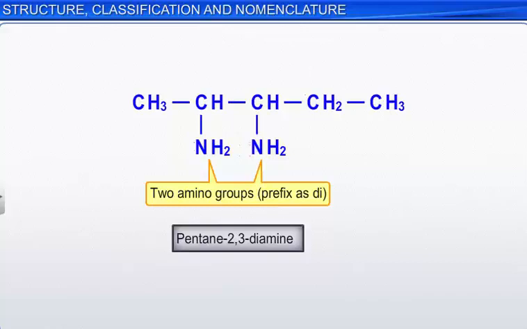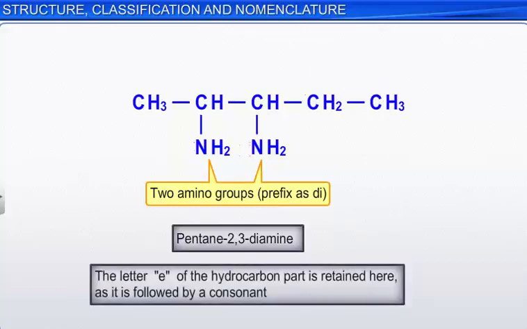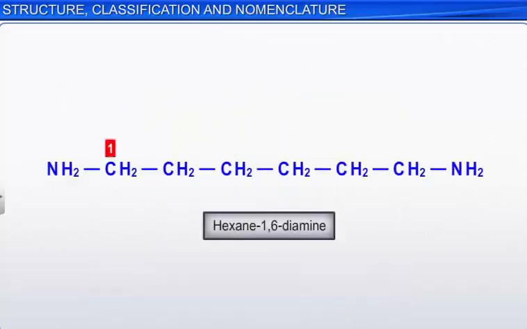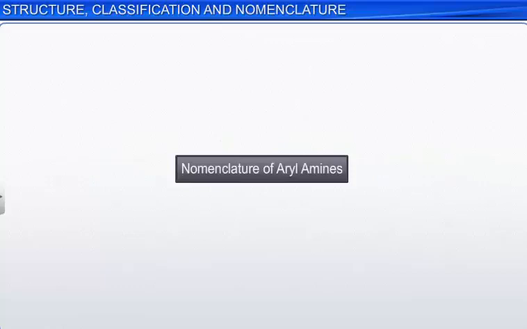Thus, the name of the compound is pentan-2,3-diamine. Similarly, the given compound with two amine groups at 1 and 6 positions is named hexane-1,6-diamine. Now let us see the nomenclature of aryl amines.